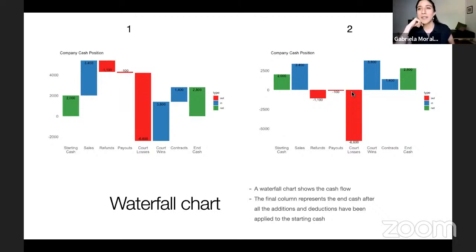In this case, I want to talk about something else, the color. The use of color is one of the most important things in a chart. Be consistent with the use of color.